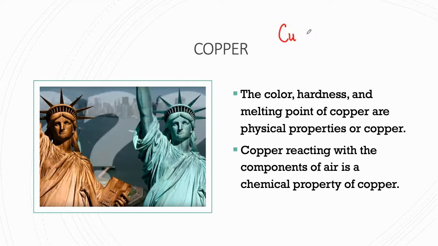So Cu represents copper. By itself, it's this orangey brown color. But when it reacts with air, and in particular the oxygen in our air, it turns into something called copper oxide. Copper and copper oxide are two different substances, so they have completely different properties.